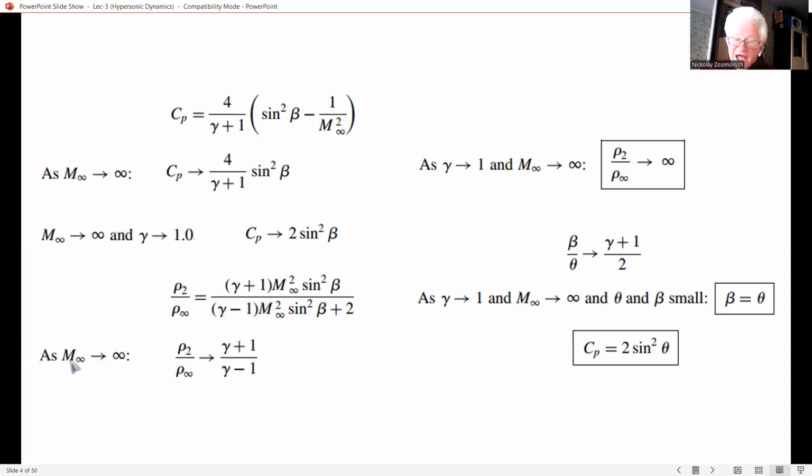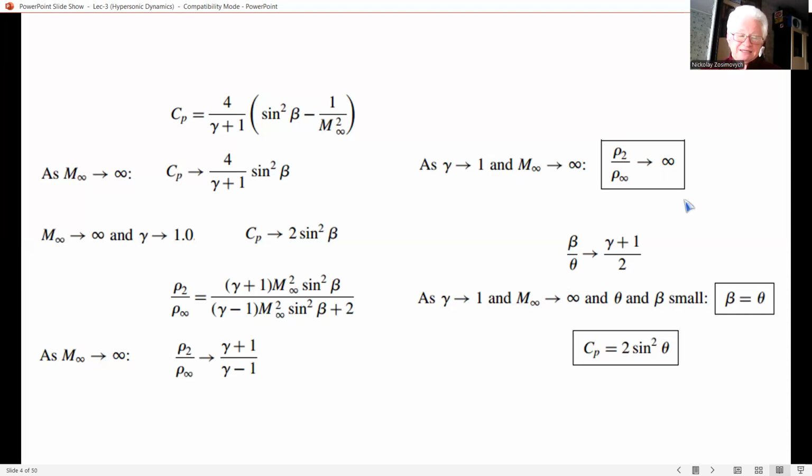The next equation was obtained at the classical limit, when we have a very, very high Mach number, M infinity large. So our proportion for rho 2 over rho infinity becomes simply the relation between gamma plus 1 and gamma minus 1. In the additional limit, as gamma goes to 1, we find the same when M goes to infinity. We may rewrite that rho 2 over rho infinity becomes infinite.